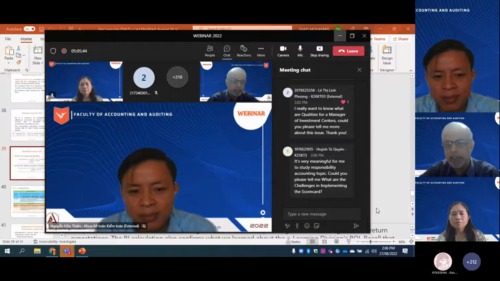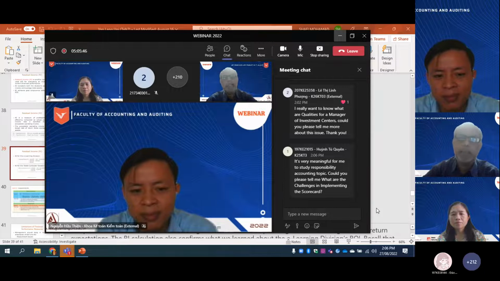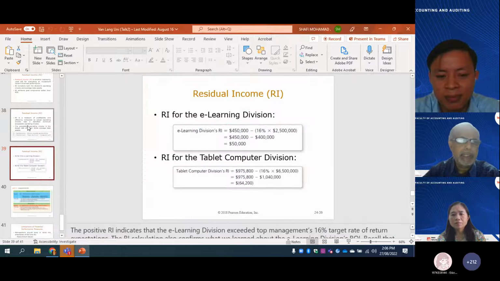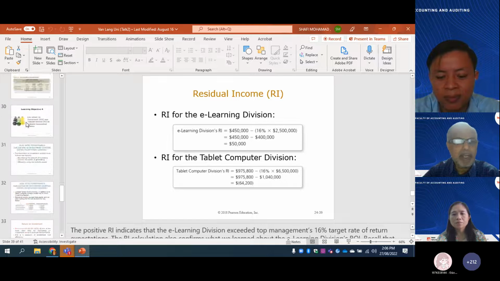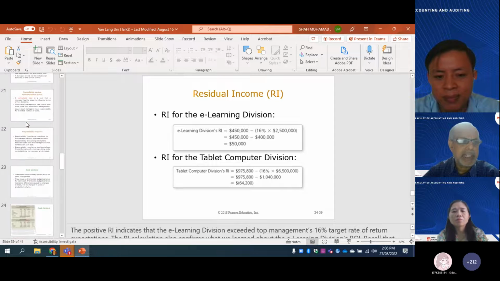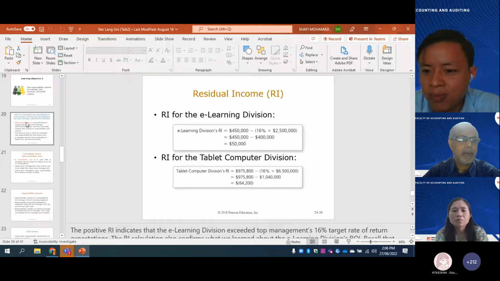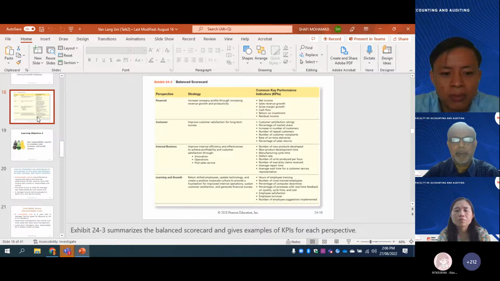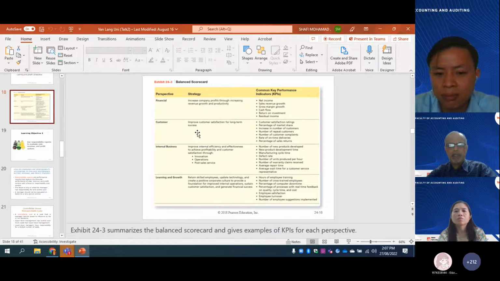What are the challenges in implementing the scorecard? Again, the challenge in implementing the scorecard is to make sure that the KPIs you set are realistic. These are some of the KPIs for balanced scorecard.